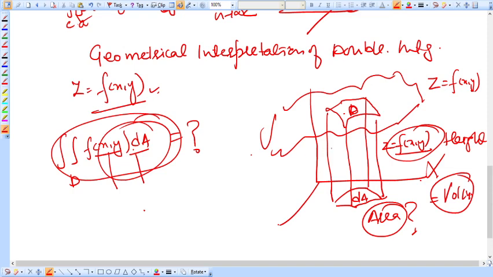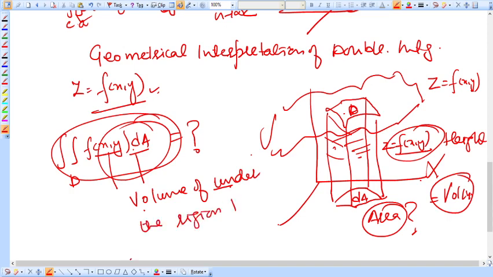Volume of this geometry, right? So it represents the volume under the region D or surface.